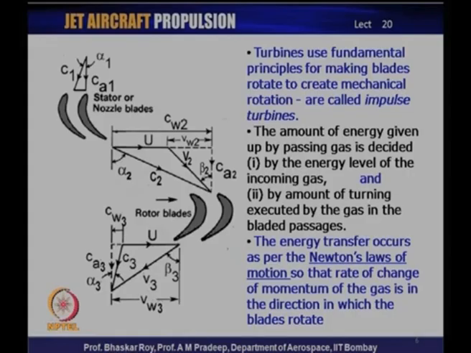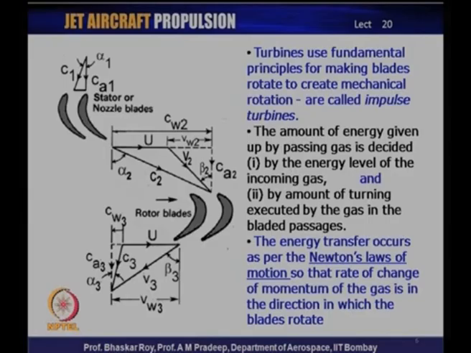Now, the amount of energy, this is important here, especially in case of aircraft gas turbine engines, the amount of energy given up by the passing gas is decided by the energy level of the incoming gas. So, we need to have a very high energy level coming from the combustion chamber, and it is also decided by the turning executed by the flowing gas in the blades.